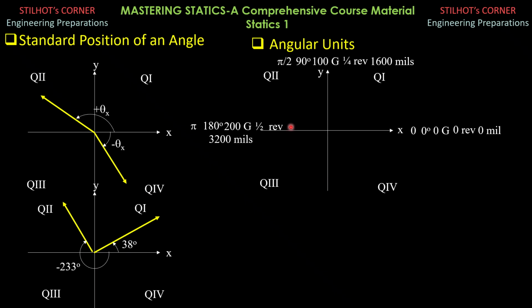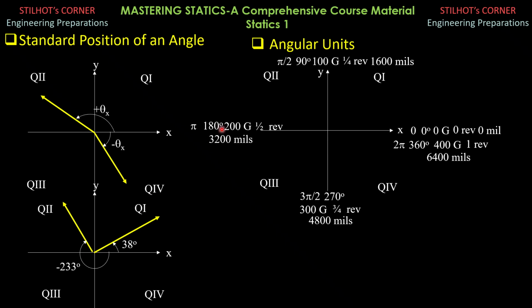So if the angle falls here, the positive sense is 3 pi over 2 radians, then 270 degrees, 300 grads, 3/4 of a revolution, then 4,800 mils. Then for one complete revolution, that's 2 pi radians, 360 degrees, 400 grads, one revolution, then 6,400 mils.